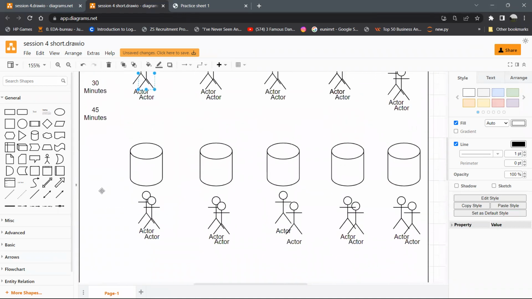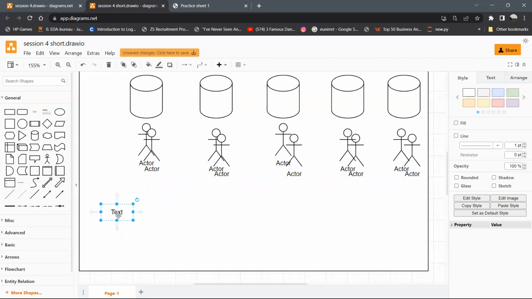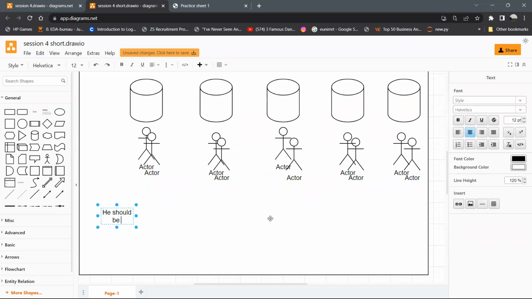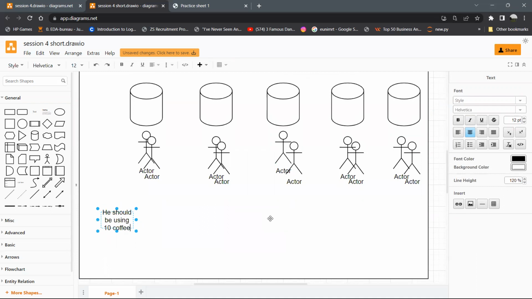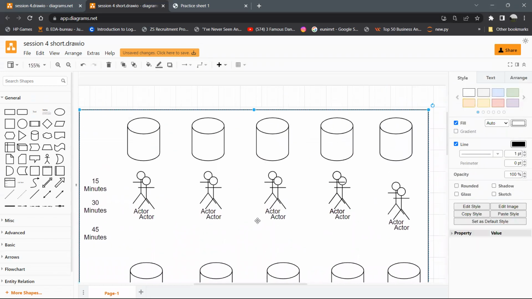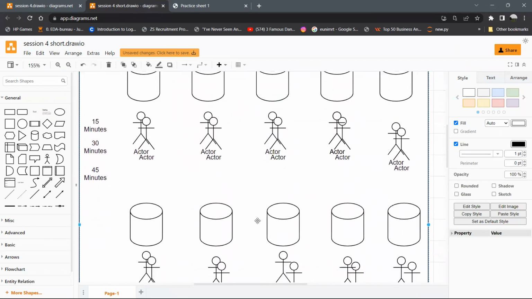So what we will suggest the coffee shop owner, that he should be using 10 coffee counters. Right? So this is the solution.